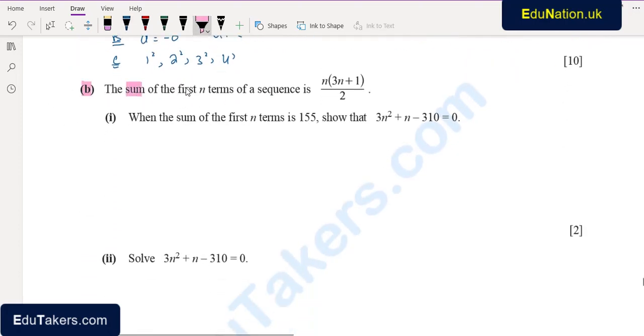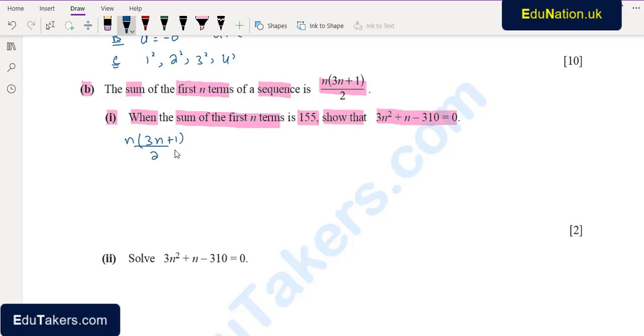Part B. The sum of the first n terms of a sequence is n into (3n plus 1) over 2. Part 1: when the sum of the first n terms is 155, show that 3n squared plus n minus 310 is equal to 0. n into (3n plus 1) over 2 is equal to 155.